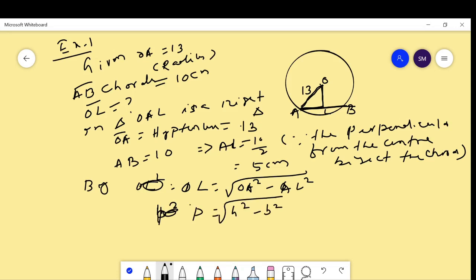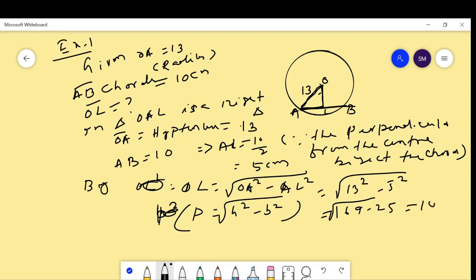So OL is equal to the square root of 13 square minus 5 square, which is the square root of 169 minus 25, which is the square root of 144, equal to 12 centimeter. Means the distance of the chord from the center, OL, is equal to 12 centimeter.